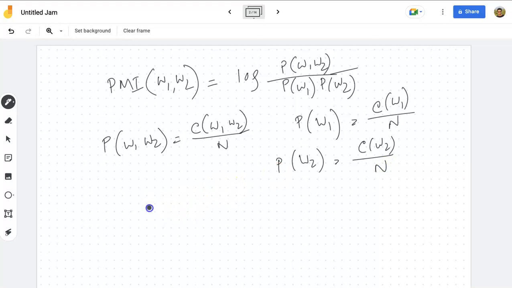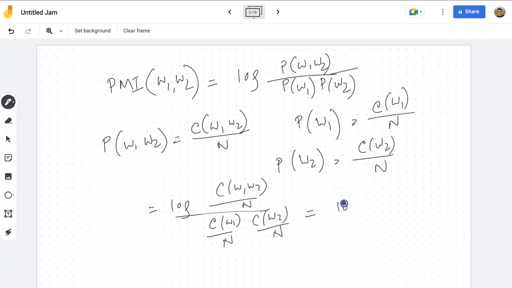If you plug it into the original log formula, it will be count of W1 W2 by n, over count of W1 by n and count of W2 by n. Here there are two n's in the denominator and only one n in the numerator, so it will be n times count of W1 W2, divided by count of W1 times count of W2.